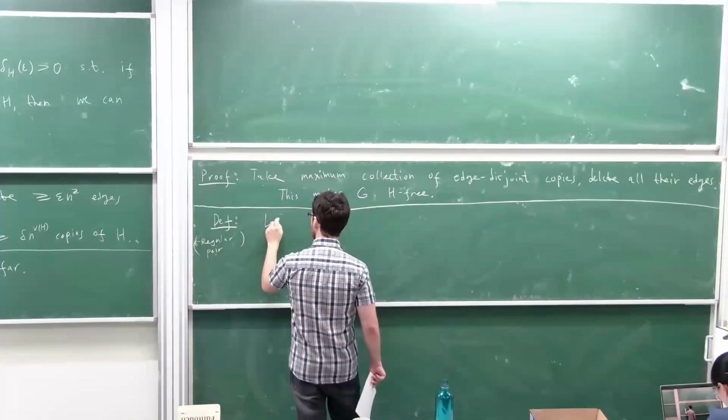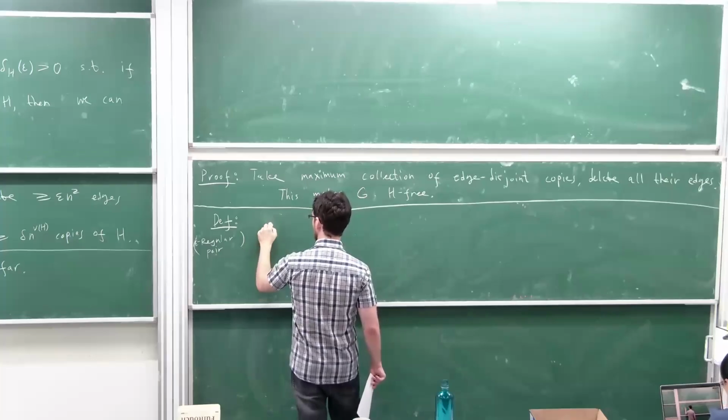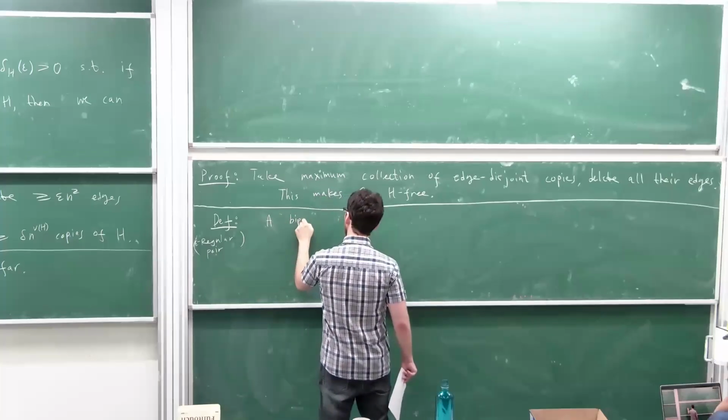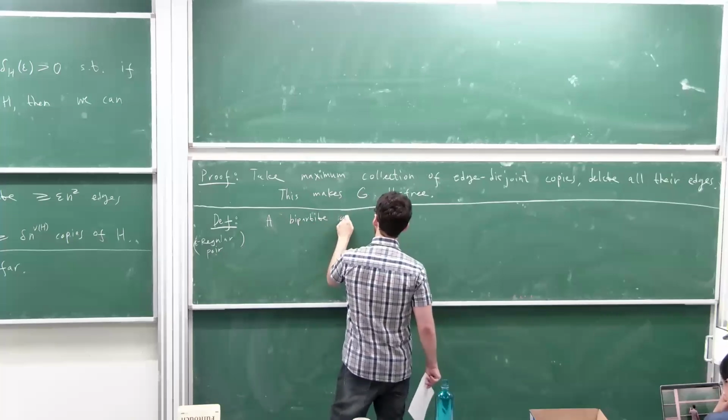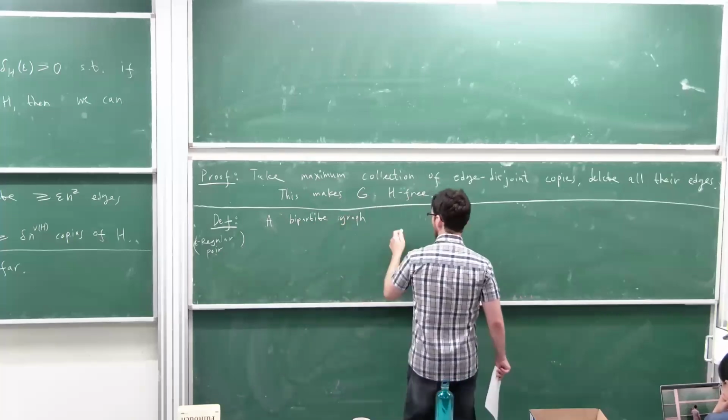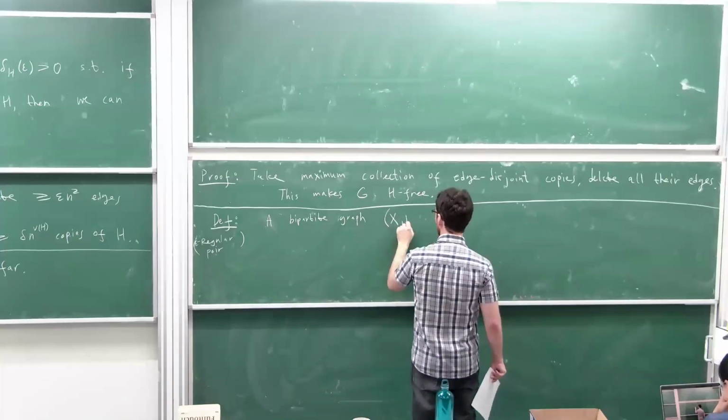So we consider a bipartite graph. I'll write it like this: XY.